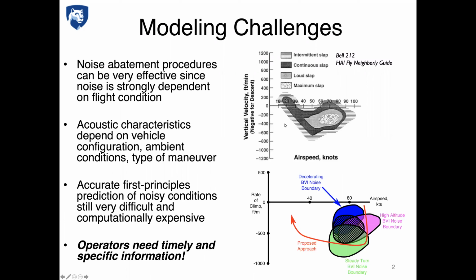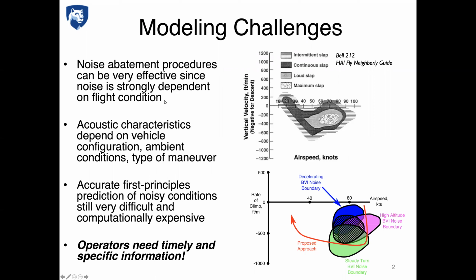As you can see, at a particular moderate sink rate and moderate airspeed, we have a maximum of noise. The idea here is that the pilot could use this sort of guidance in order to design, say, an approach to a helipad that avoids that noisy region. For instance, maybe by descending steeply at high speed, then decelerating and reducing to a lower airspeed and coming down for a landing.